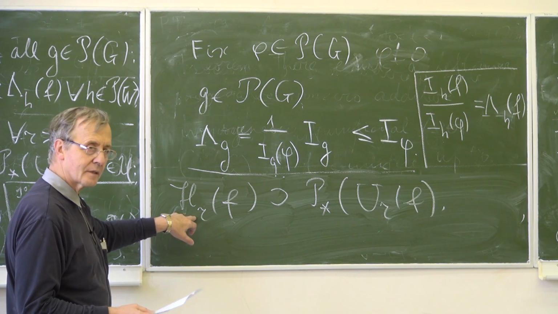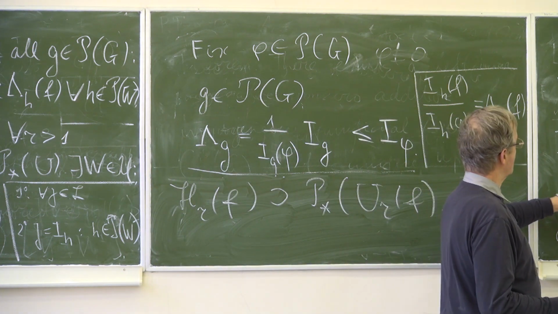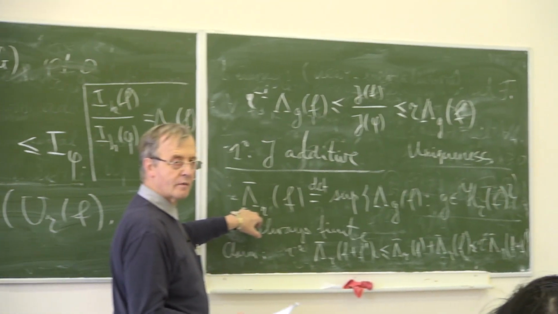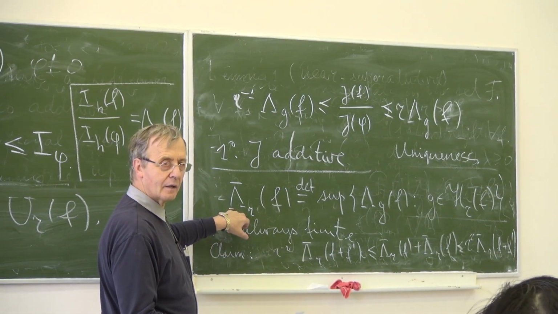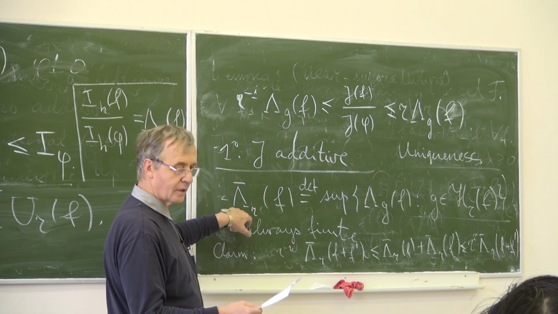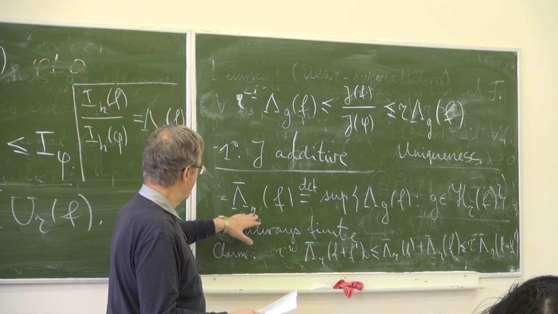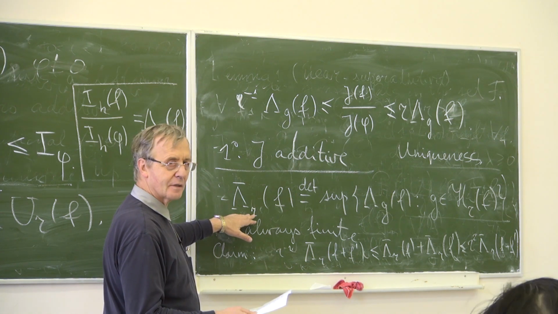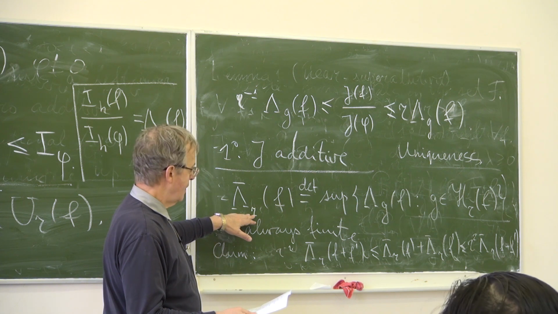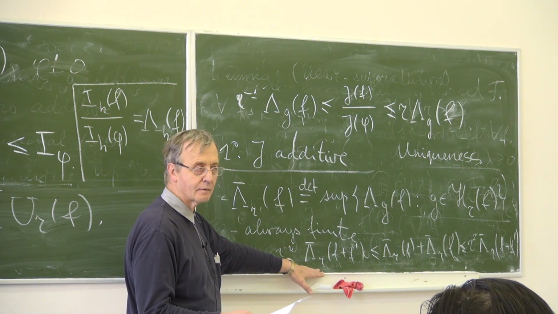So when we calculate this lambda r bar, it becomes smaller with r. And it is bounded. Anyway, it is monotonic, so it has a limit. And so from this inequality, it follows that this limit functional will be additive.